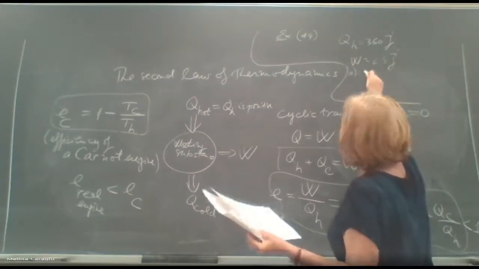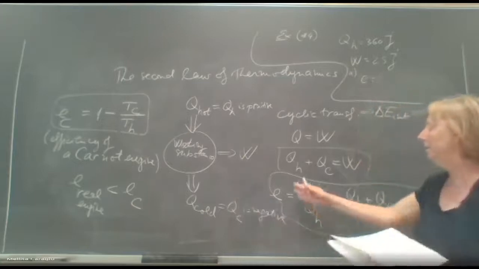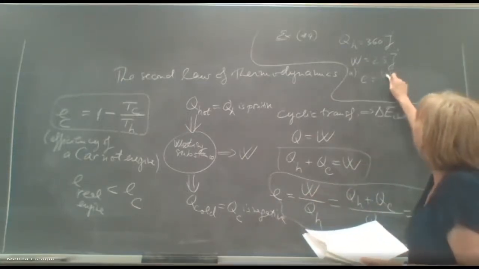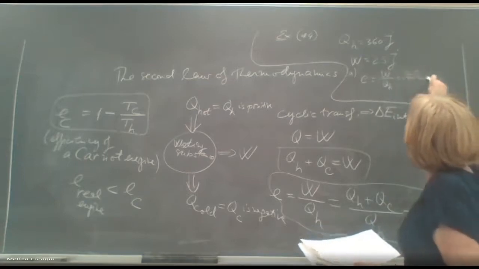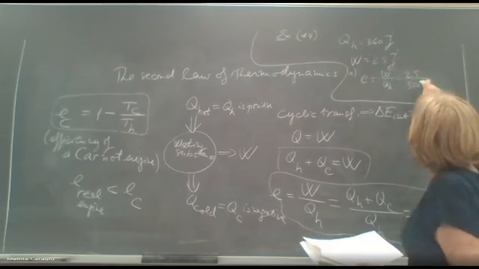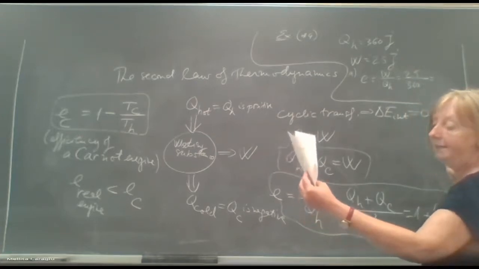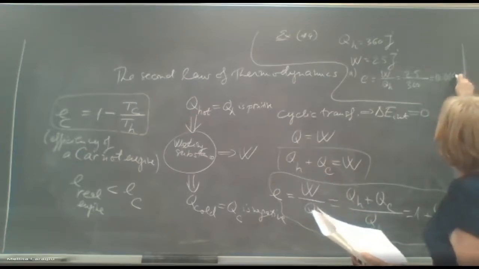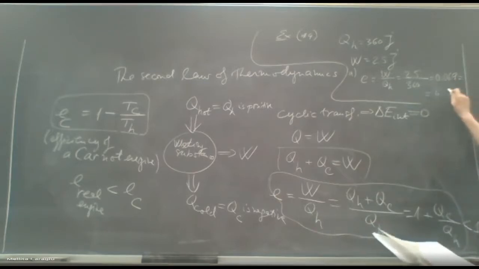The first question is, let's calculate the efficiency. Efficiency is by definition work divided by Q hot. So it's 25 joules divided by 360 joules, and apparently this is 0.069, which multiplied by 100 is 6.9%.